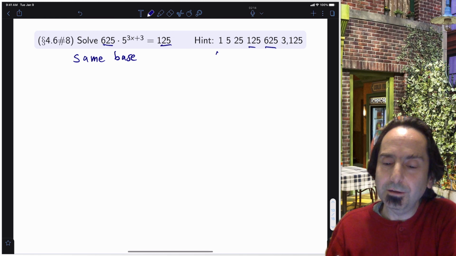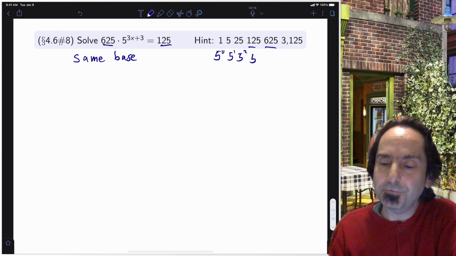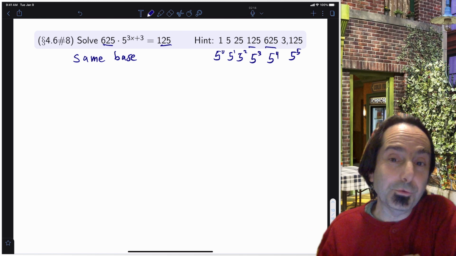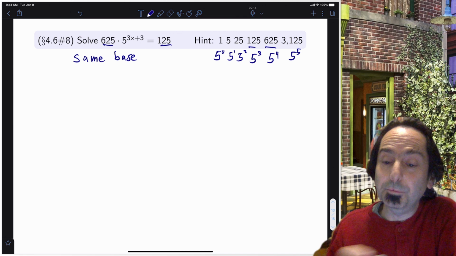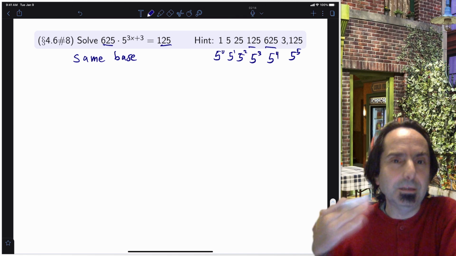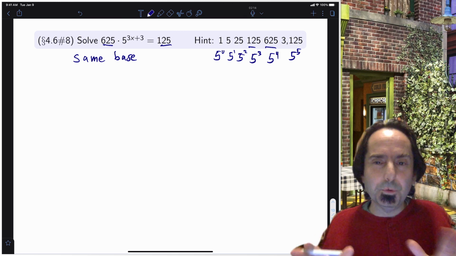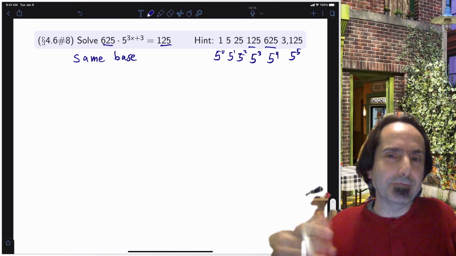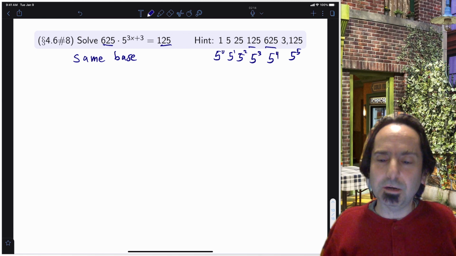This is just 5 to the 0, 5 to the 1, 5 squared, 5 cubed, 5 to the 4th, 5 to the 5th. If you remember your powers of 5, this would be clear, but that's the pattern. Not everyone can keep doing it. When we were kids, you probably doubled numbers, but did you multiply them by 5 over and over again? Probably not.